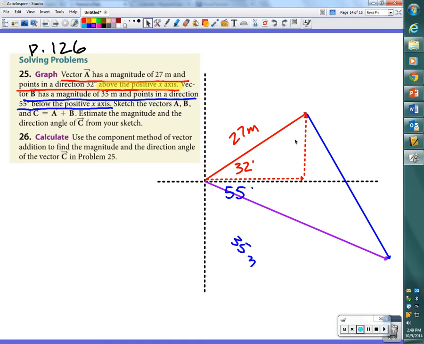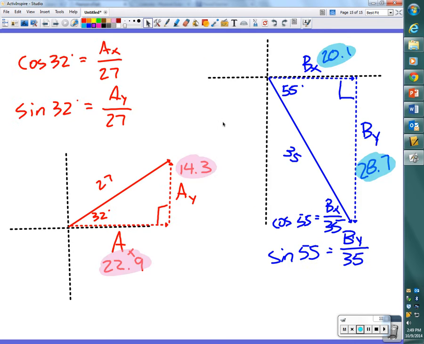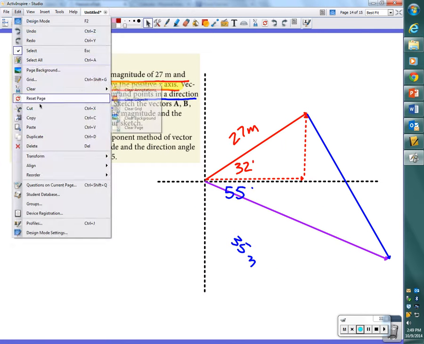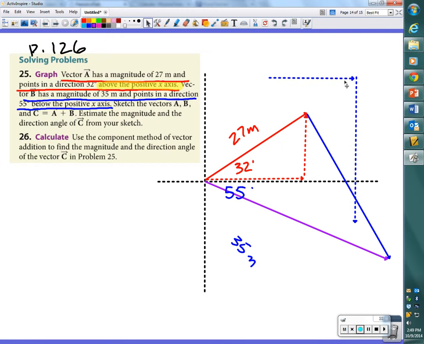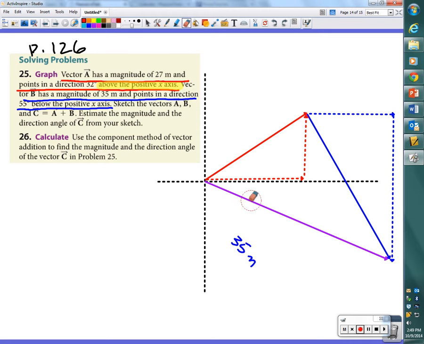There's my two components for the red one, okay? Here's my two components for the blue one. Okay? I'm going to get rid of this writing here.